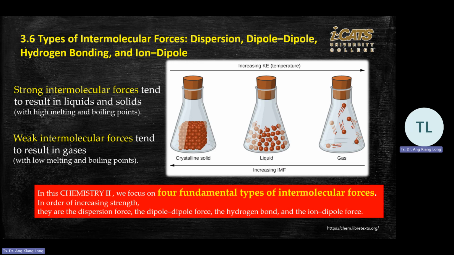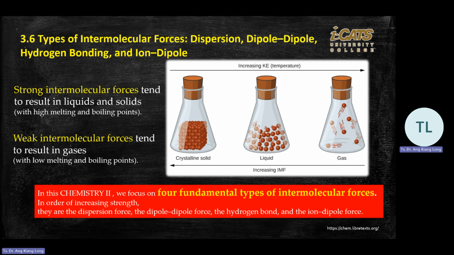This is just a highlight when you study chapter 3 and it comes to intermolecular forces. We look at the four fundamental forces I mentioned just now, in increasing strength. The weakest one is dispersion force, or London forces.